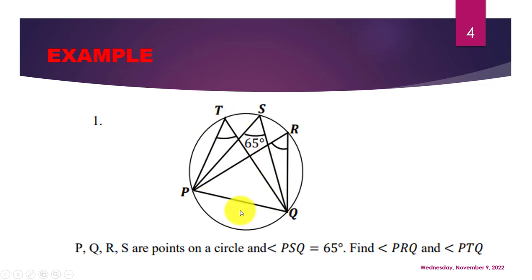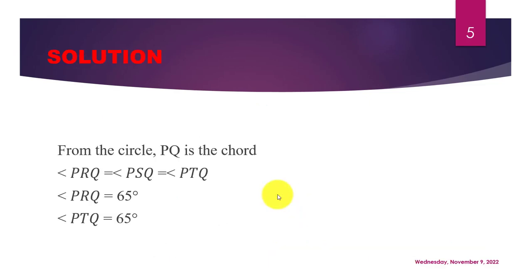From the theorem discussed earlier, we can say that angle PRQ is equal to 65 degrees and angle PTQ is also equal to 65 degrees, because those angles at the circumference are subtended by the same chord PQ. So therefore, angle PRQ is 65 degrees and angle PTQ is 65 degrees.